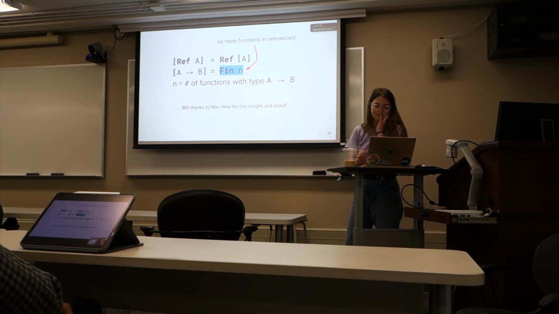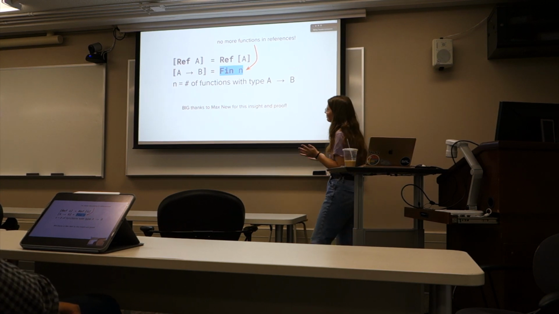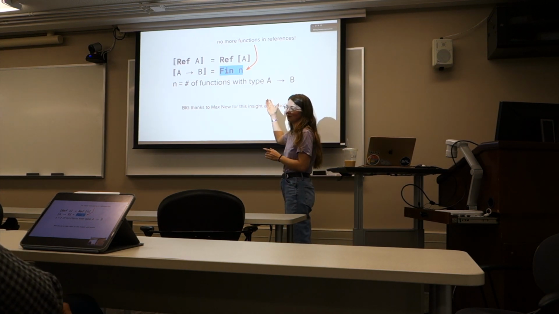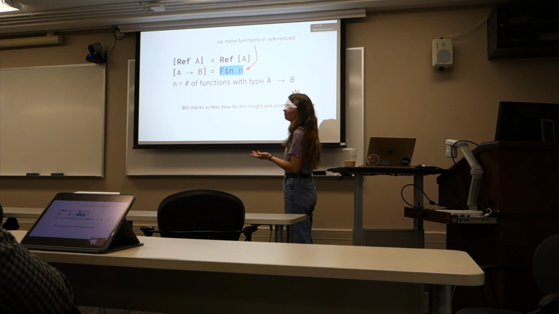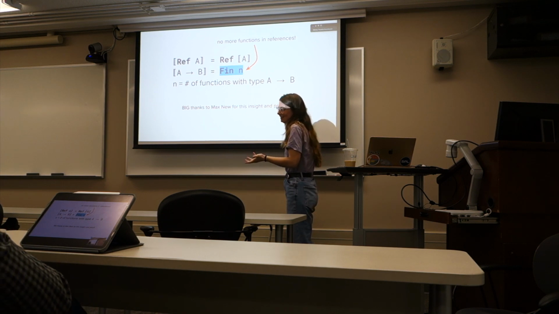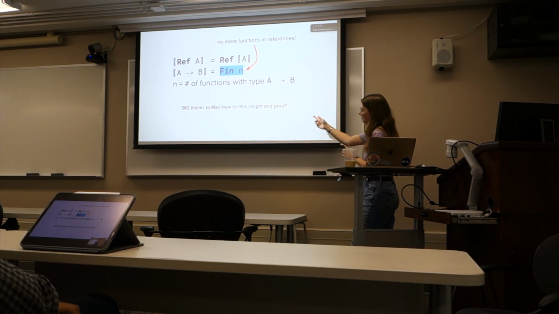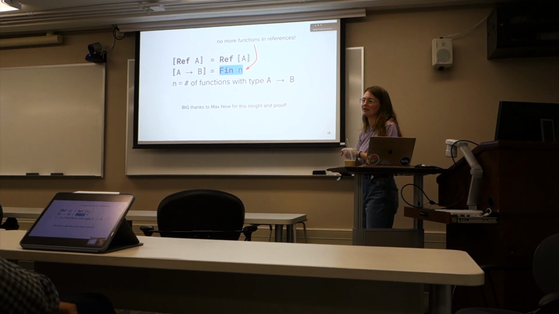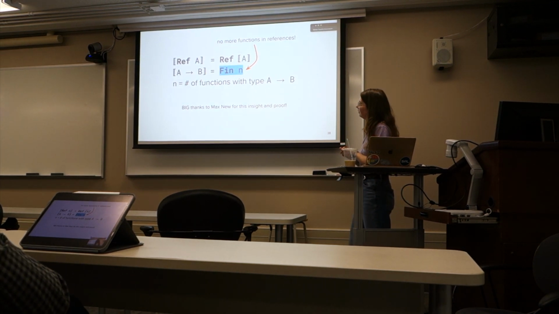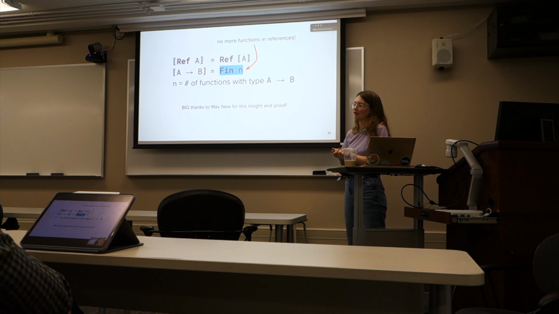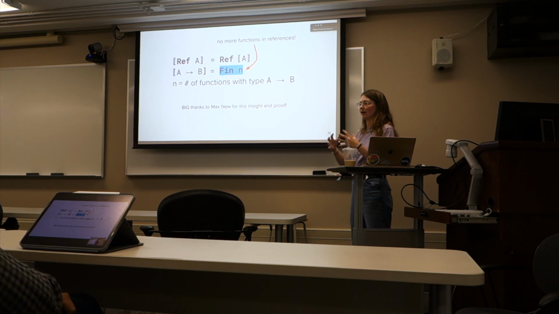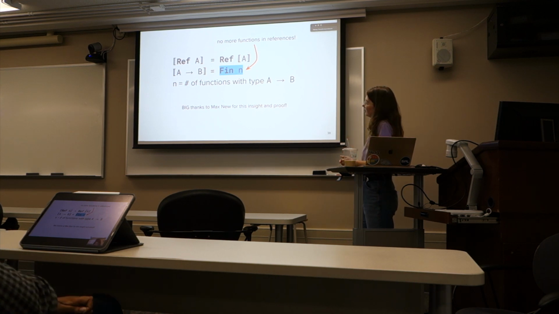So now there are clearly no more functions than references. They only contain finite types. There are no more functions at all in this language. And this insight in this proof came from Max Neo, so big thanks to him for this insight about closing the environment of a function to give back termination.